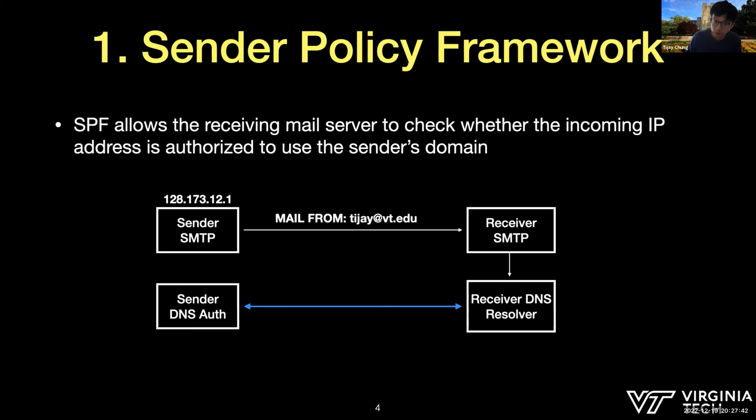The receiver wants to check if this incoming IP address, the TCP connection, is actually authorized to use the sender domain name in the header. SPF simply checks whether this IP address is allowed to use this domain name, right?